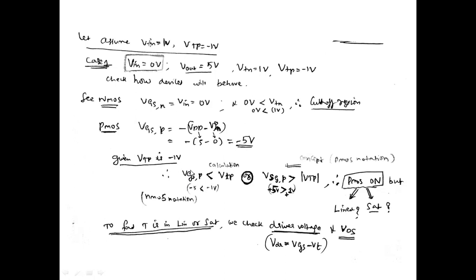Here we need to check the required condition: if VGS,P, which we found to be minus 5 volts, is less than VTP, minus 1 volt, then my PMOS will be in the on condition.